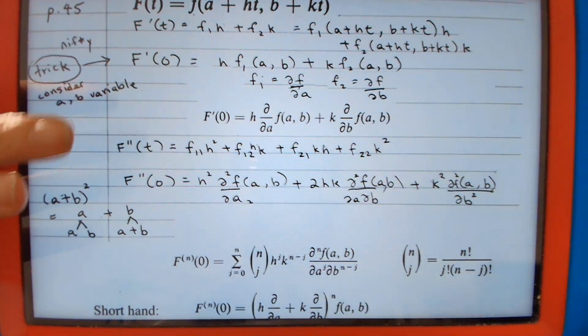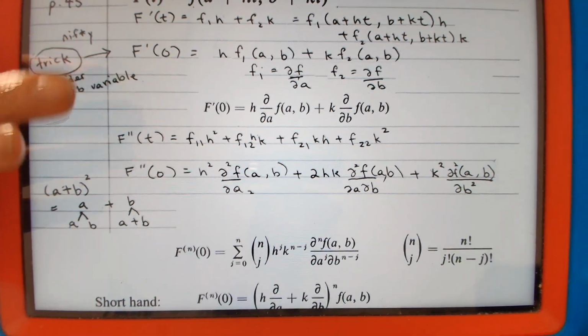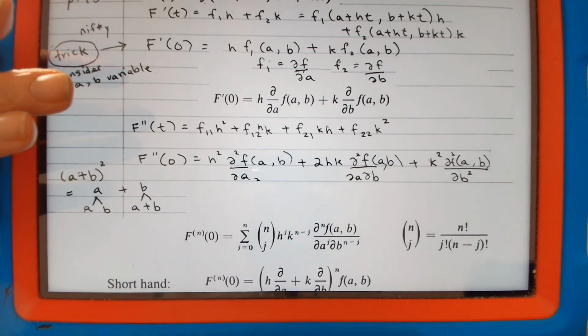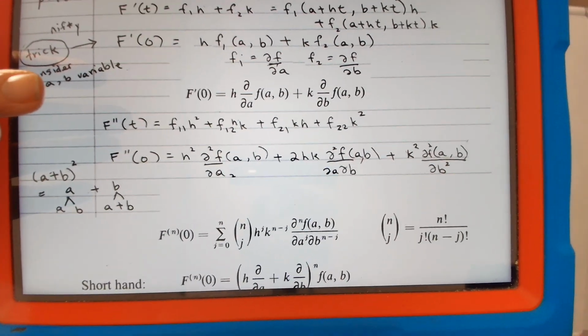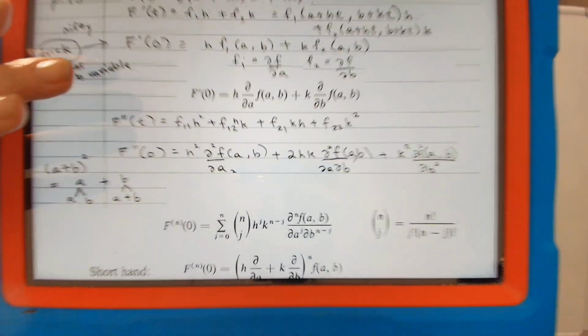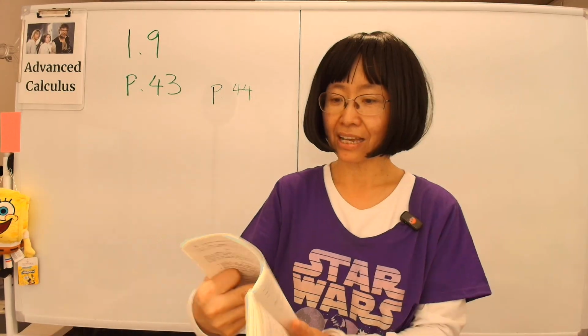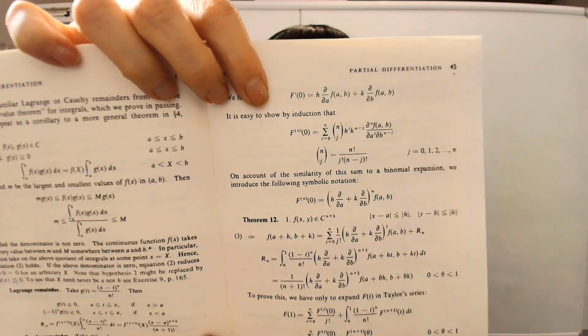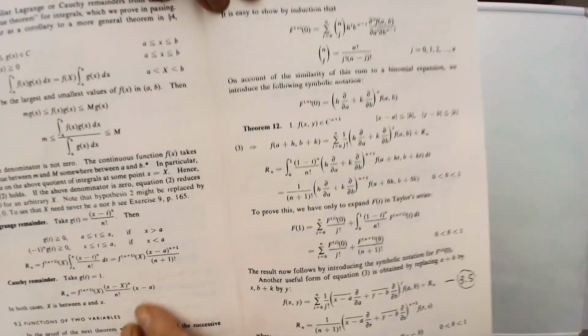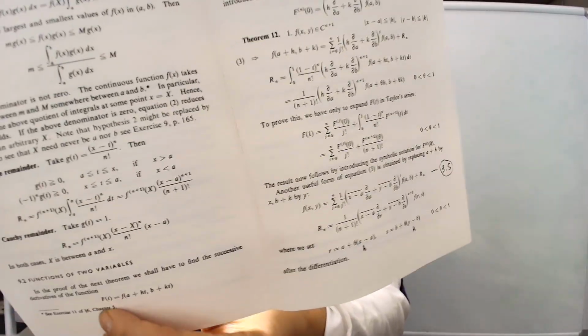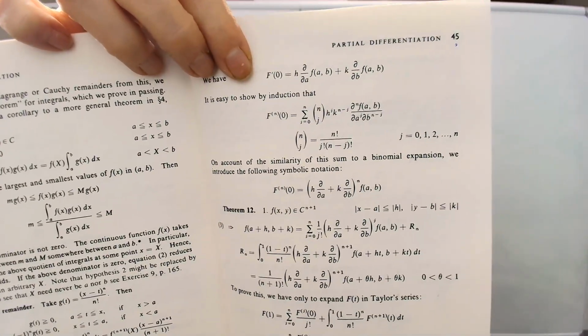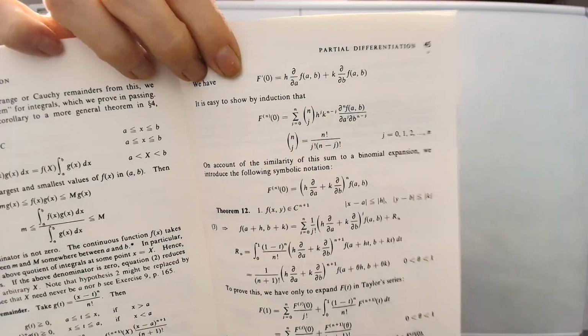Anyway, so then F prime of 0 will be h times partial f partial a of (a, b), plus k in a similar situation. All right, so far so good, right? So that's where we got this thing in the book, the first sentence. F prime of 0, that's how we were taking the derivative with respect to t. To start with, the function has something to do with t, and then suddenly we ended up with the partial derivative with respect to a and b, and that's how it happened.